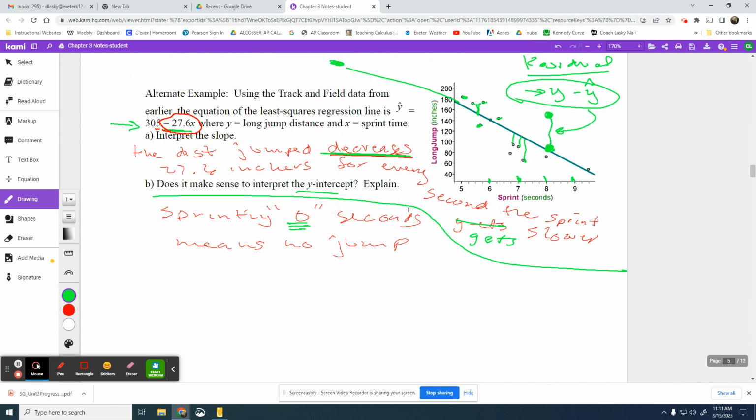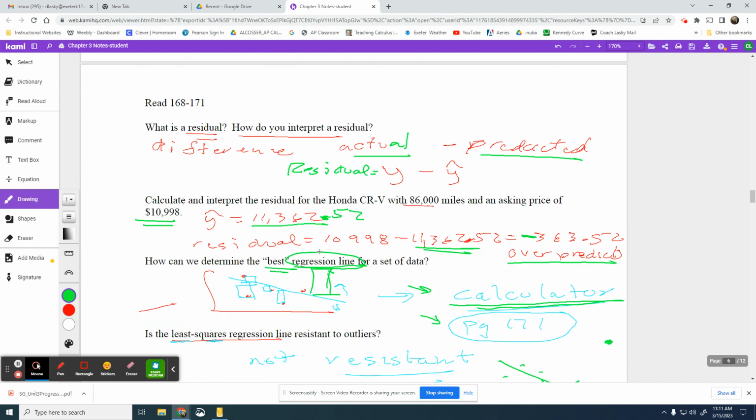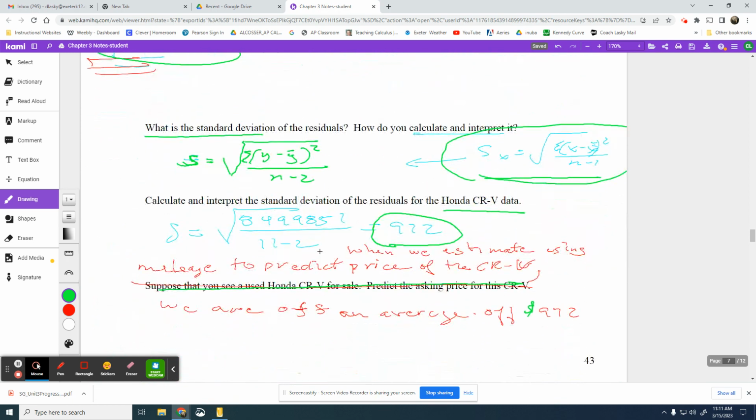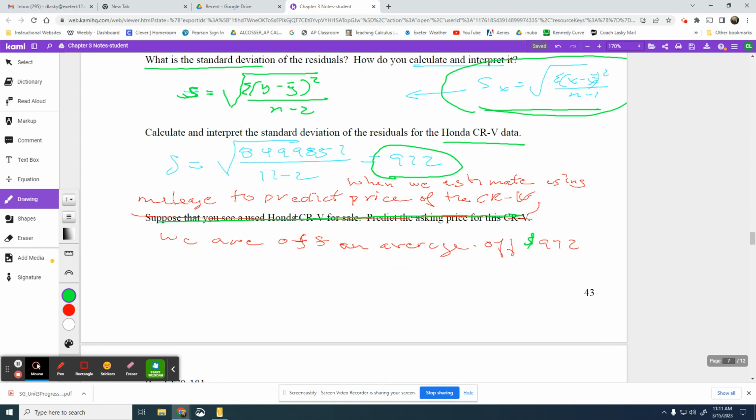Remember, standard deviation is how far away you are from the target. Our target is the perfect least squares regression line. So our standard deviation is based on how far away the actual points are from the least squares regression line. So let me go back down here. Where are we at here? Catalog. All right, so that's how we calculate and interpret that.